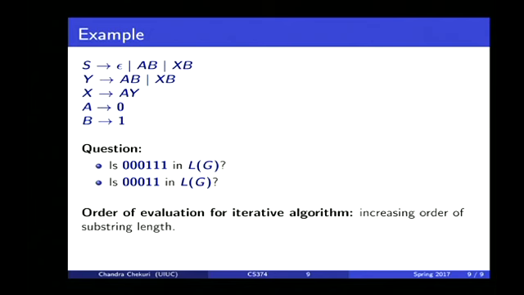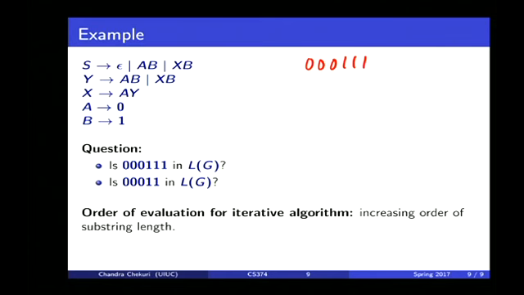Recursively, what is it really doing? To know whether this string, 0 0 0 1 1 1, is in the language, if you look at it bottom up, we first need to compute, for every substring of length 1 and every non-terminal, whether that substring is derived by that non-terminal.